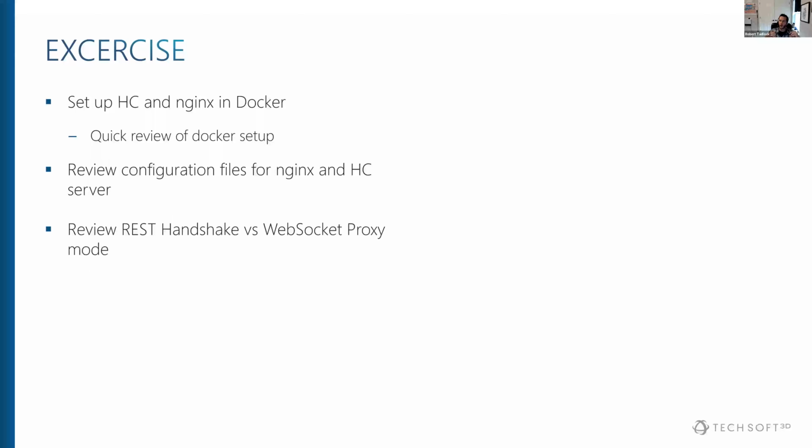Okay, so what I want to do today is walk you through a sample setup that I've built using Docker, Nginx, and HOOPS Communicator. For those not familiar with Docker, it does a kind of OS virtualization and makes what we call a container. These containers are portable. They can be run in multiple environments.